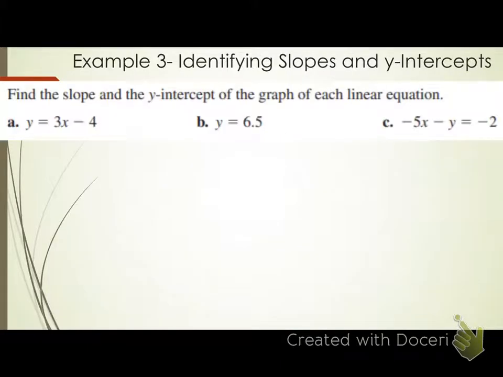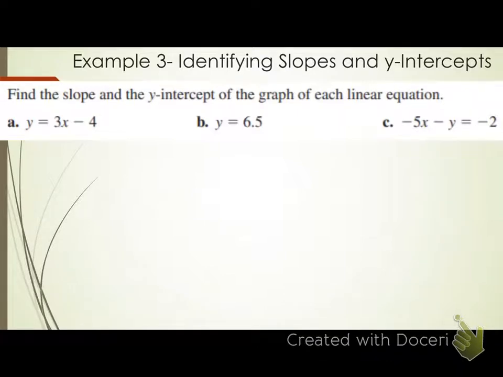Okay. Find the slope and the y-intercept of the graph of each linear equation. What form of an equation do you think we probably want it in to easily identify the slope and the y-intercept? Y equals mx plus b.